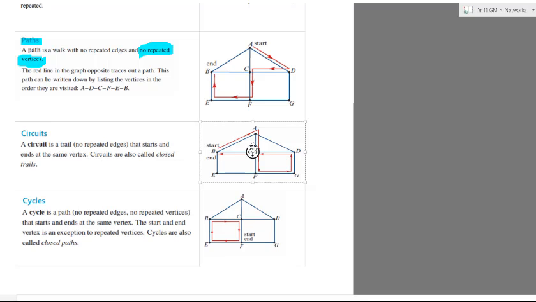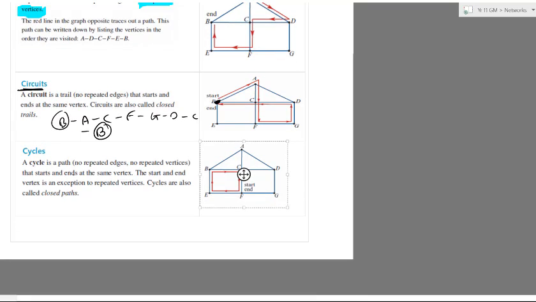So here, we're starting at B, going B to A to C to F to G to D to C to B. You go all across there and you haven't repeated any edge, and you've ended up at the same vertex that you started at. Start and end is the same for a circuit.